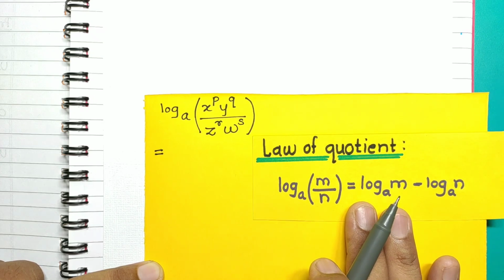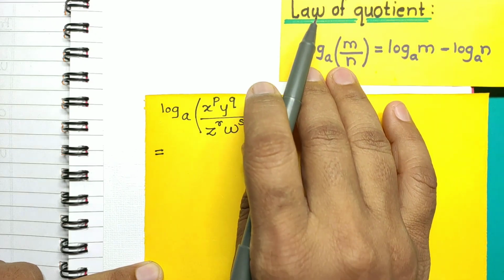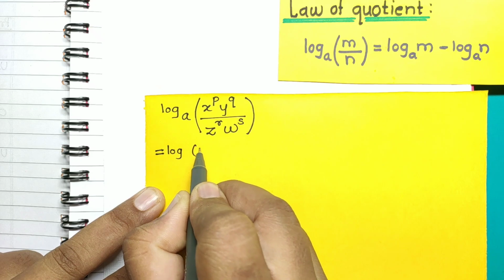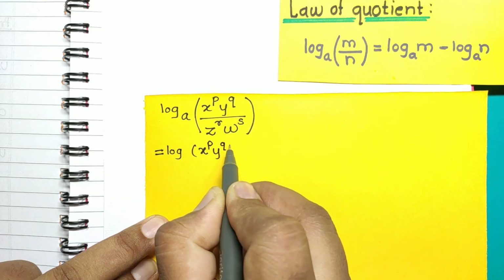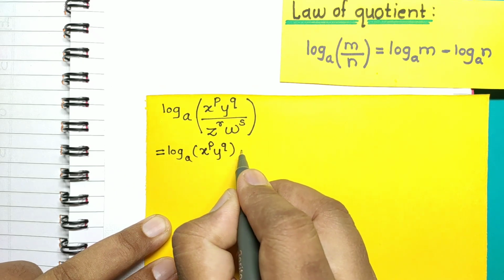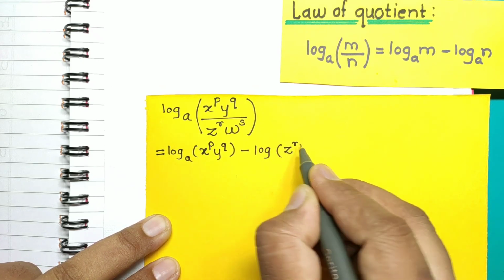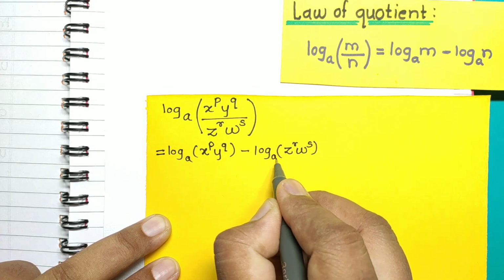So using this law of quotient, we can write this term as log of the numerator x raised to p, y raised to q to the base a, minus log of z raised to r into w raised to s to the base a.